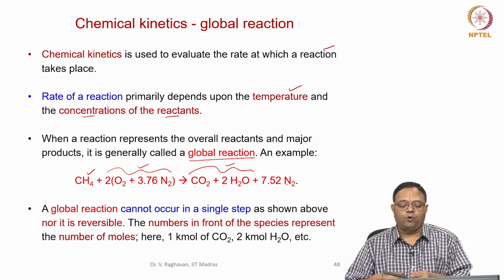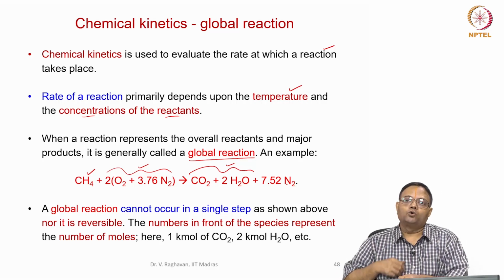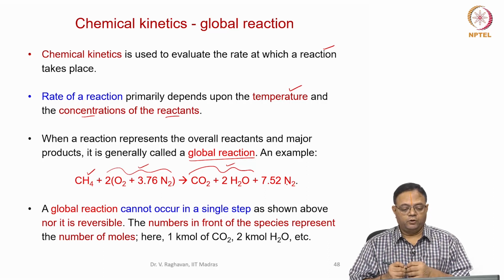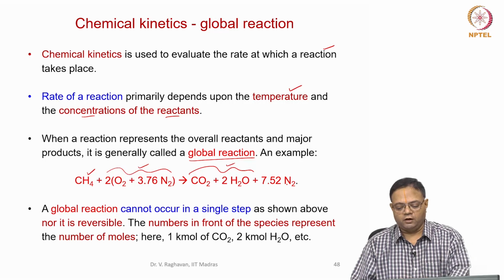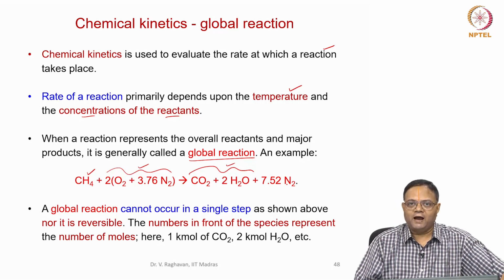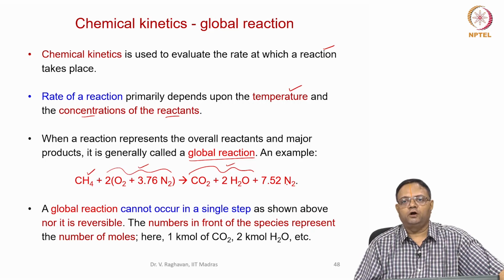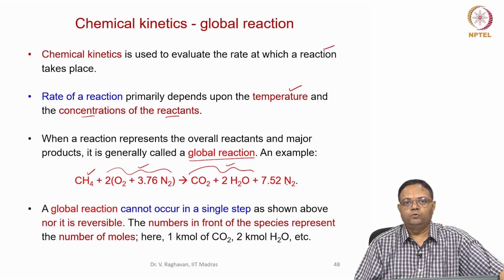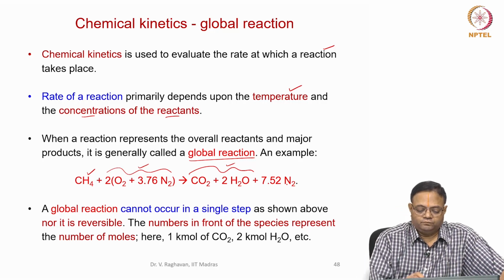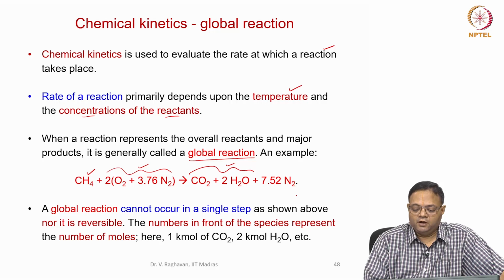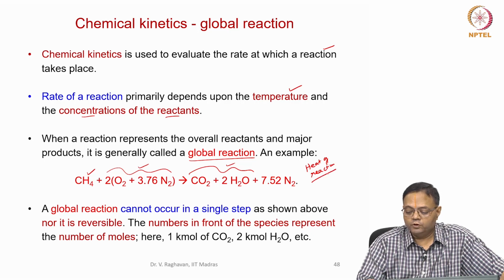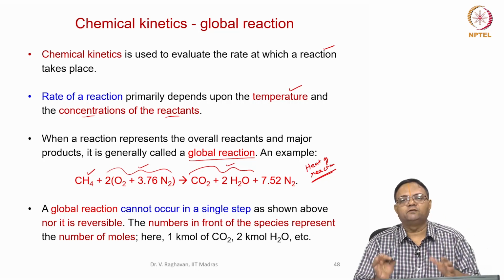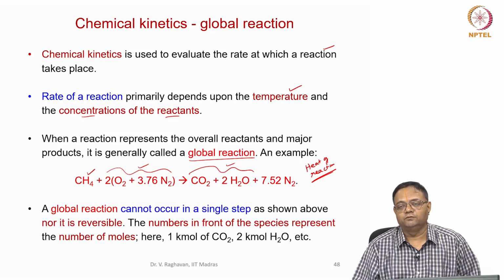This is the overall or global chemical reaction where methane and air at stoichiometric proportions react to form complete products of combustion. You can write this and calculate the heat of reaction. This reaction is enough for us to calculate the heat of reaction, no issue.